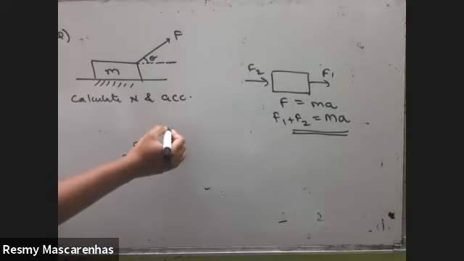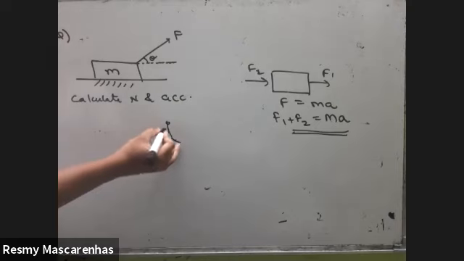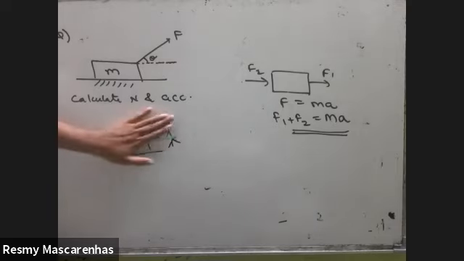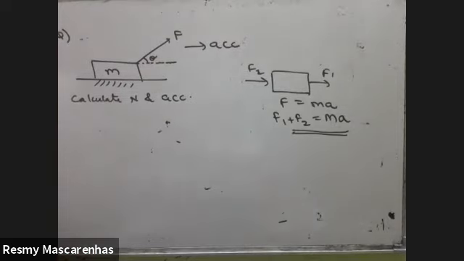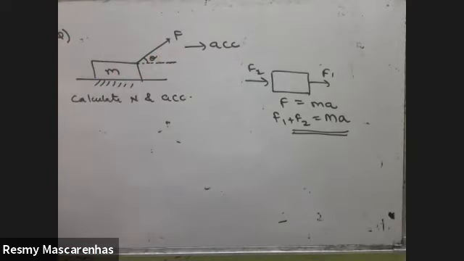If the person is pulling the string, even at an angle, what will happen? It will move along the surface only. Anyways, acceleration will be in this particular direction. The object will move this way. You can just remember that example.